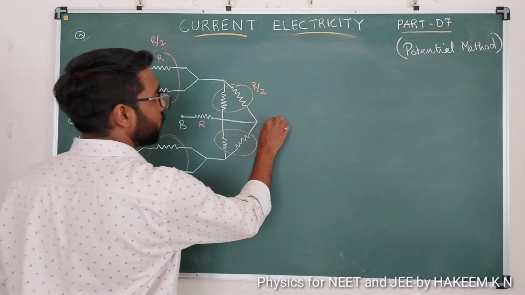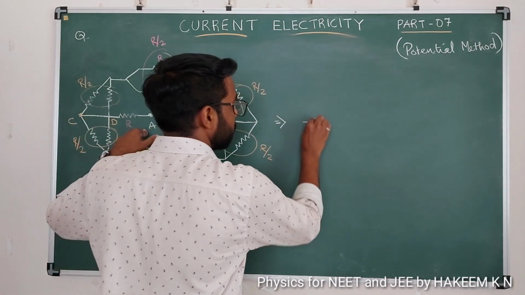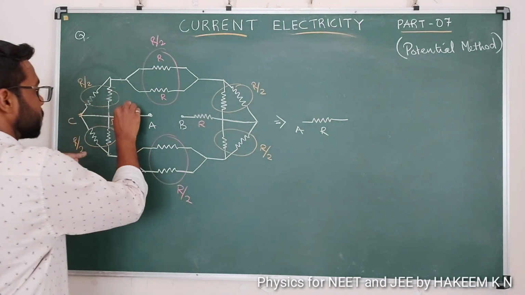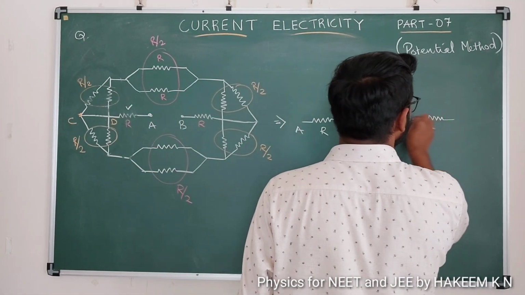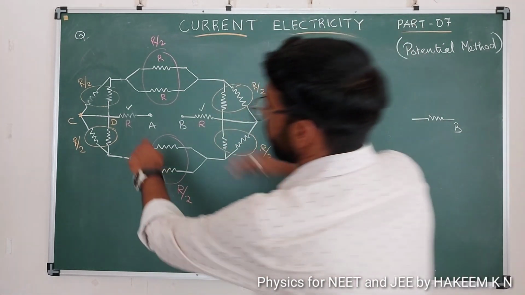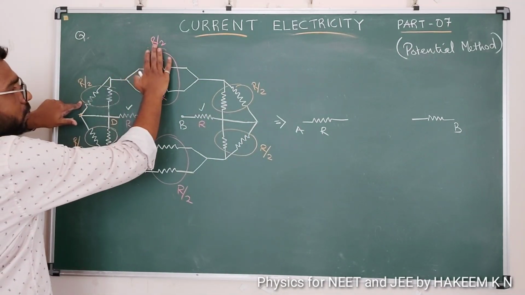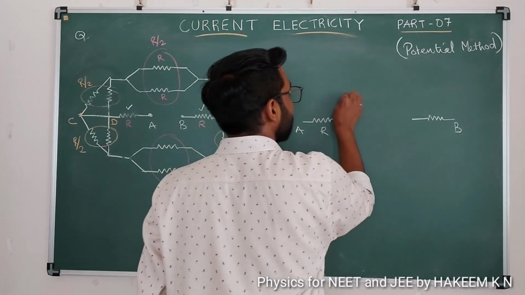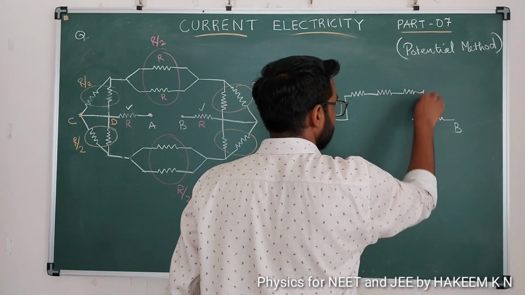Now we can draw the equivalent network, right? From A, there is a resistance R. This is a resistance, okay. And from B, there is a resistance R. And from A to B, here is an R by 2, here is an R by 2, here is an R by 2 at the top. 3 R by 2s are there at the top.